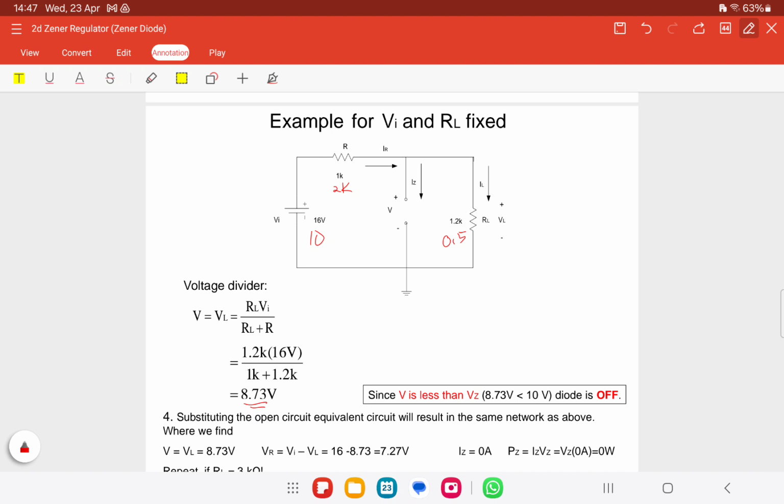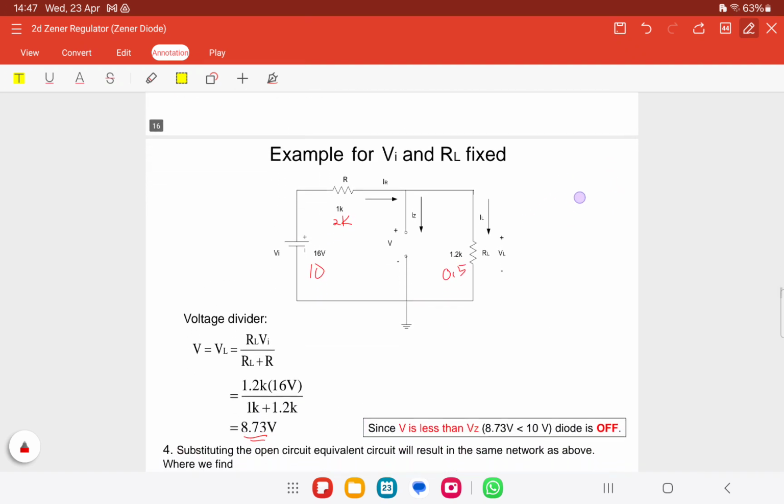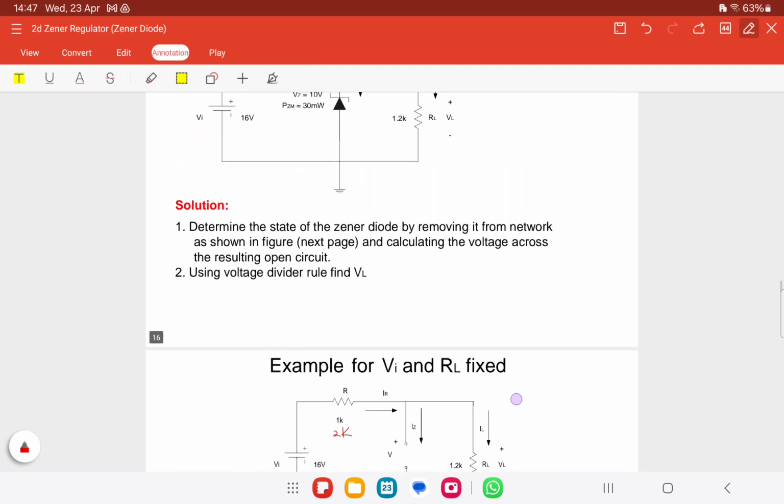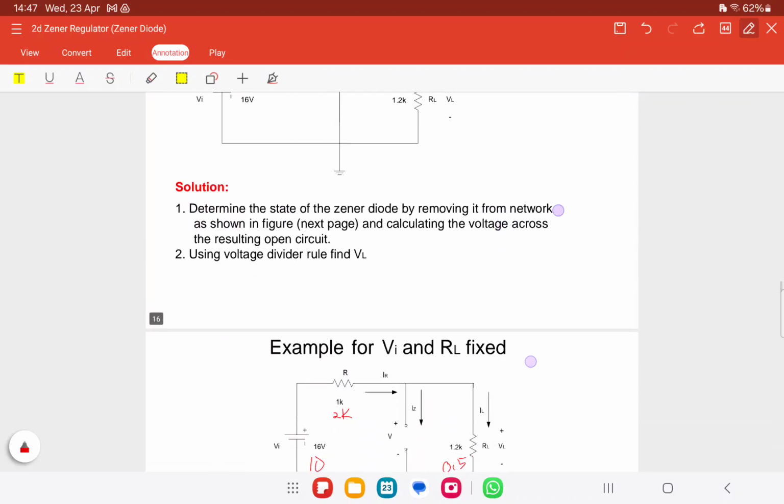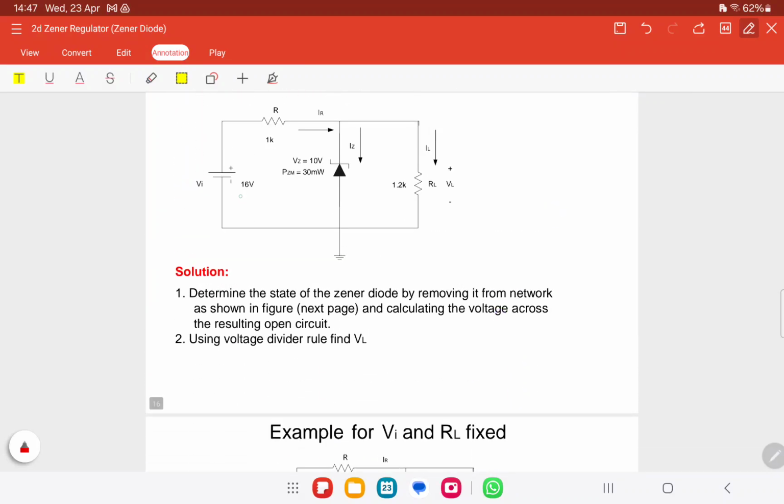I'm not sure jawapan dia berapa. 16 jadi 10 volts, 1K jadi 2K, this one 0.5.